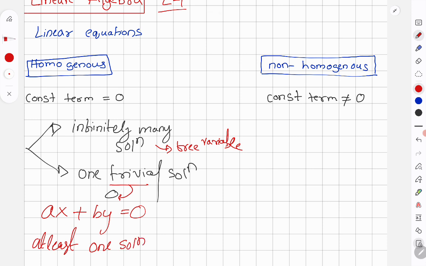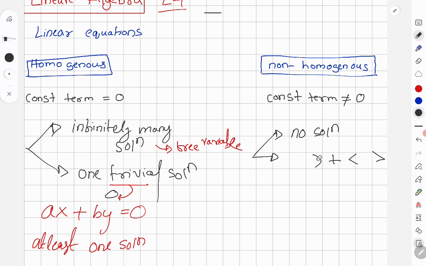For non-homogeneous equations, you have three possibilities. First possibility is no solution. Second possibility, you have one particular solution like this. Then you have infinitely many solutions.